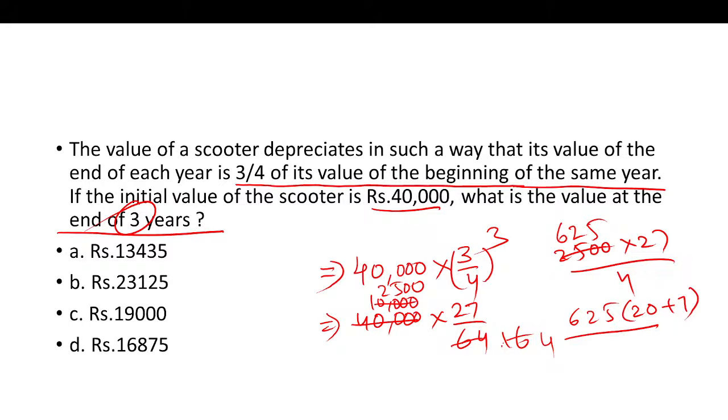625 into 2 is nothing but 1250. 1250 plus 625 into 7. 1250 and one more zero is there. 625 into 7. 7 5s 35, 3 7s 21 plus 3, 17, 7 6s 42 plus 1, 43.